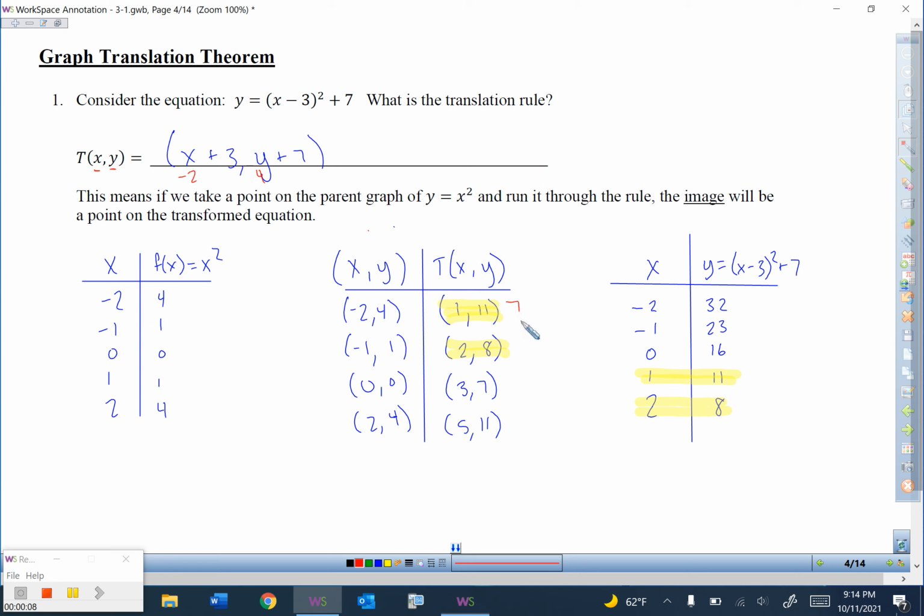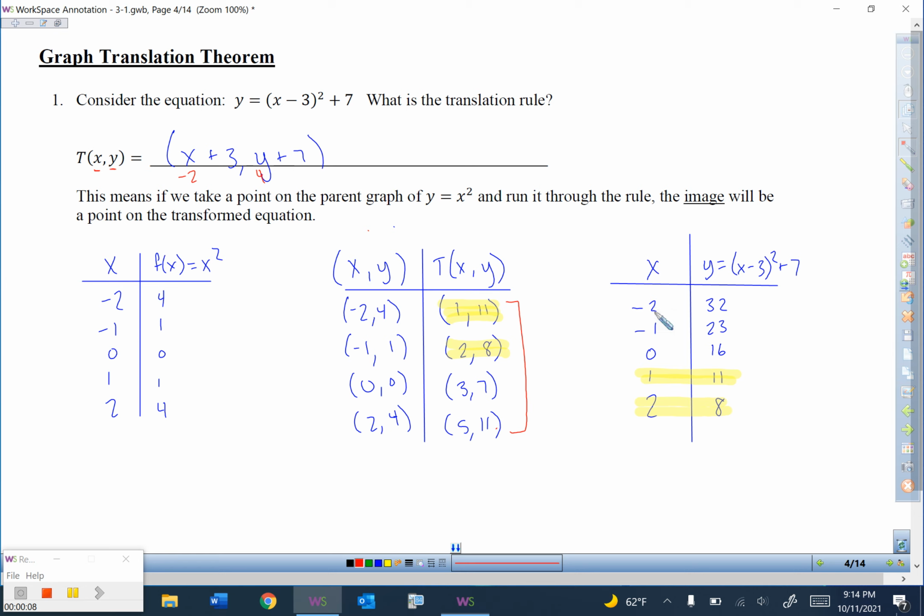So this column of numbers here is representing points that are on this equation. And just to show you that works, on this last little t-chart I wrote the equation for the given one we're looking at here, and then I picked some x values again.